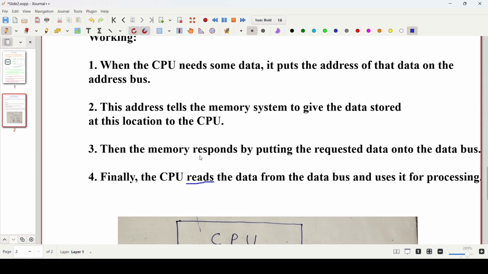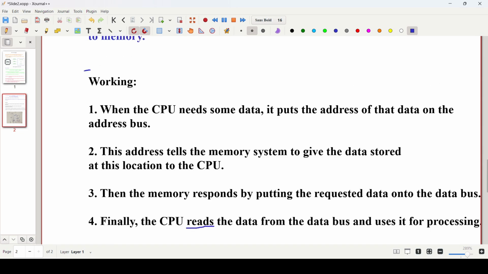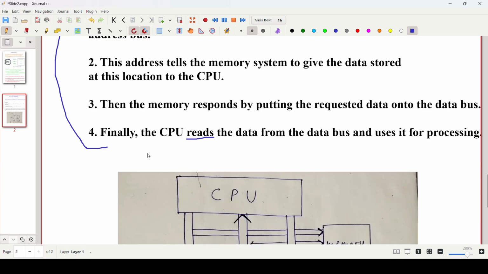If the CPU wants to write the data, then the write operation will be loaded on the control bus. This is mainly the working of the buses with the CPU.